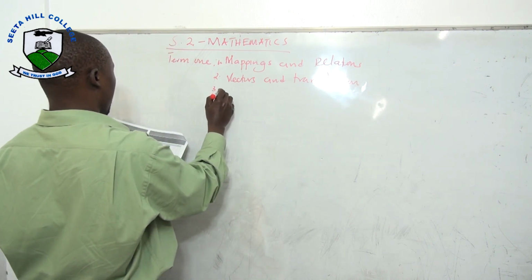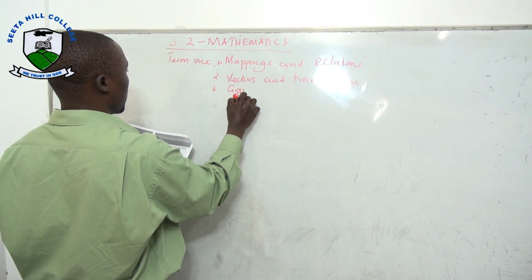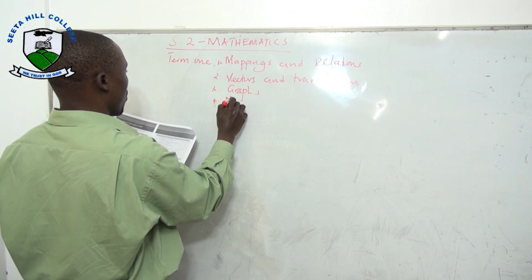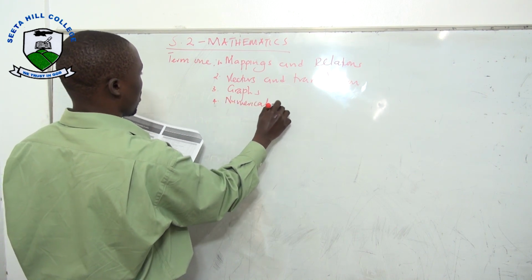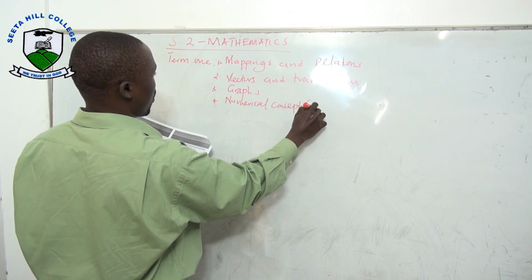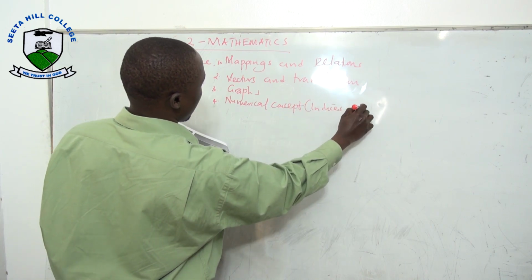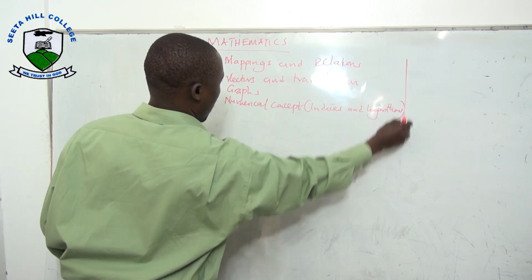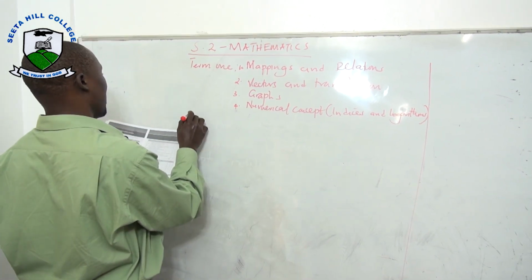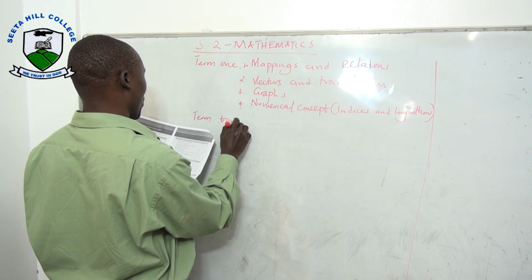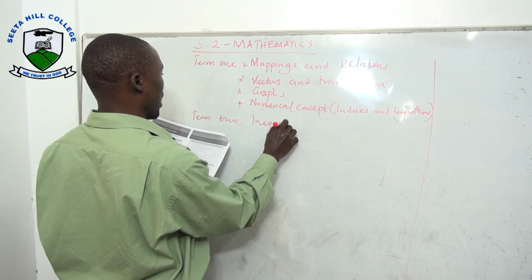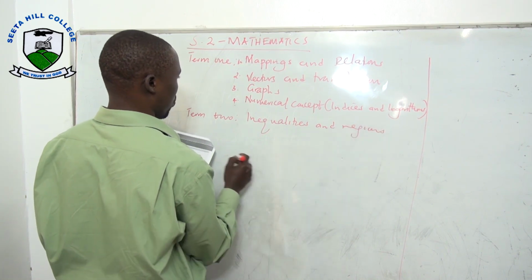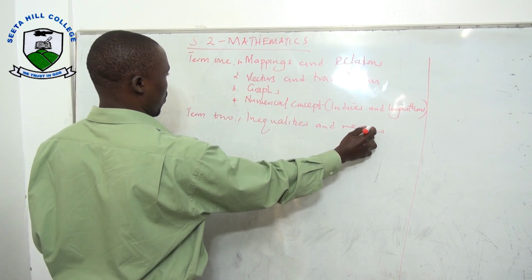Then 3, we are still on term 1, graphs. 4, still term 1, numerical concept 1, in which we have indices and logarithms. Then that ends term 1. Then term 2, we have inequalities and regions.